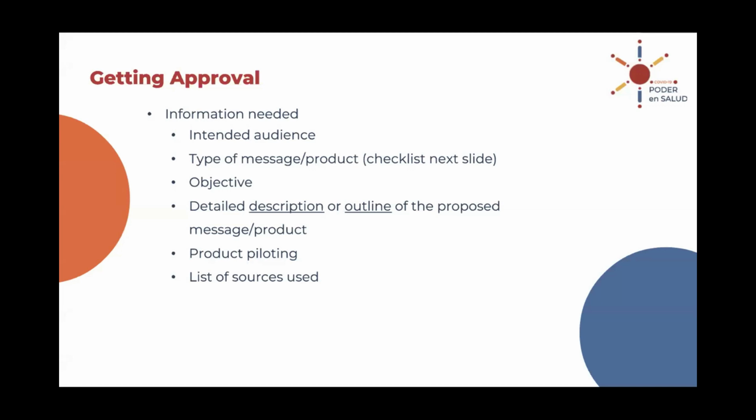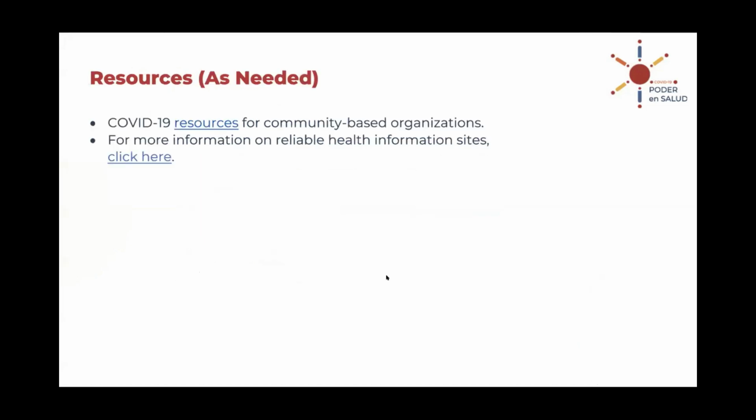Then you will have the product piloting that will take place shortly after, and you will also include the list of sources used to be fully approved. And that is what the PIF form, or product information form, is about. And some resources as needed: feel free to use the copy of today's training that you'll have access to. There will be some community-based organization resources, as well as some other reliable health information sites for you to view.